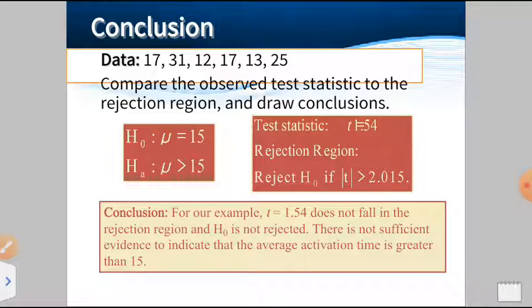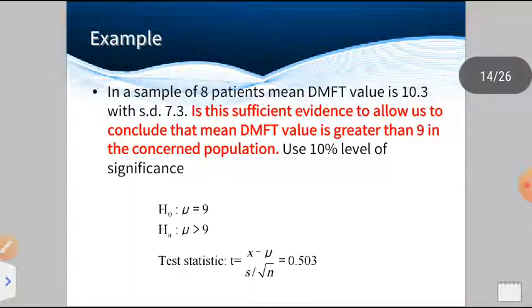Here, for example, t is 1.54 and does not fall in the rejection region, and H0 is not rejected. Here we are saying that we have to reject if t is greater than 2.015. So the value is not greater than it, which means H0 is not rejected, correct.